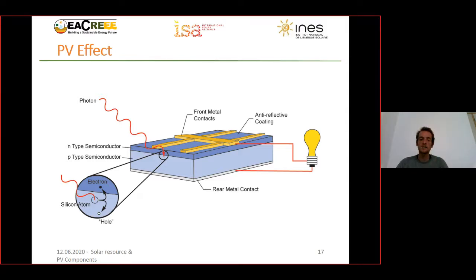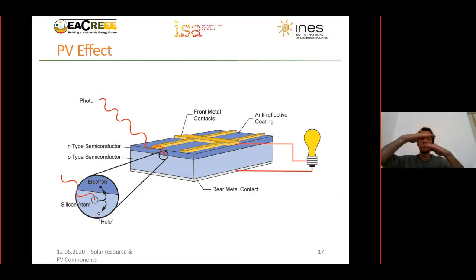So silicon cells are made with two different types of semiconductors, what we call N-type. N-type stands for negative type. It means negative charge in this part of the cell. And P-type, which means positive type. So you have positive charge in this type of semiconductor.